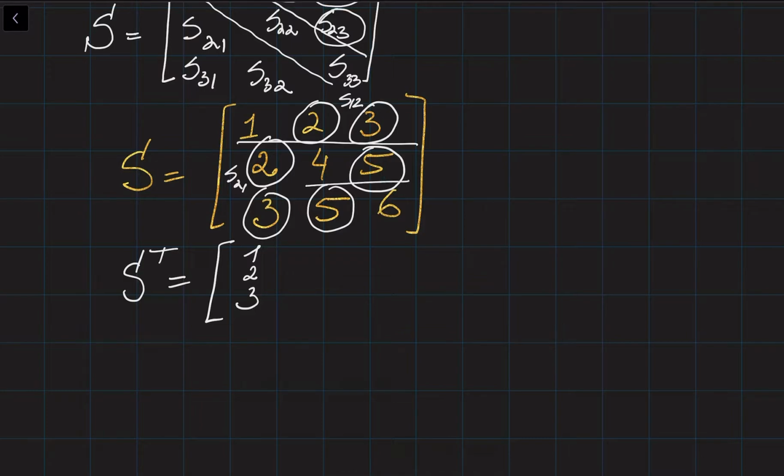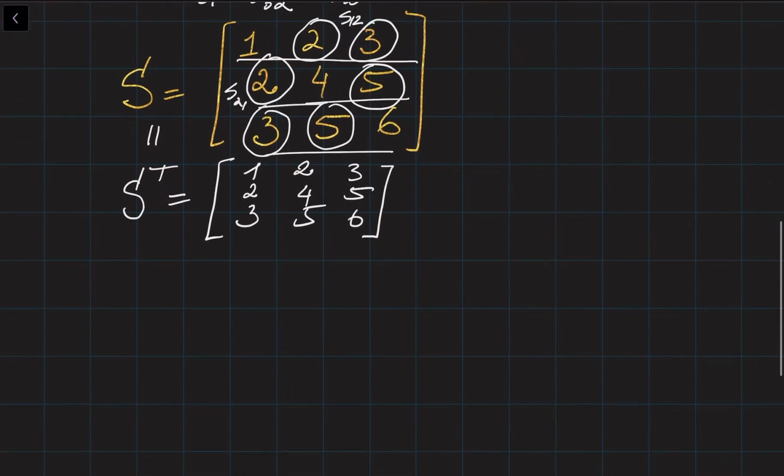The second row is copied as the second column, it's going to be 2, 4, 5. And the third row is copied as the third column, it's going to be 3, 5, and 6. And you can see here that they are the same. I mean, this is not the definition, it is how we identify whether the matrix is symmetric or not, by just checking equality of the matrix to its transpose.